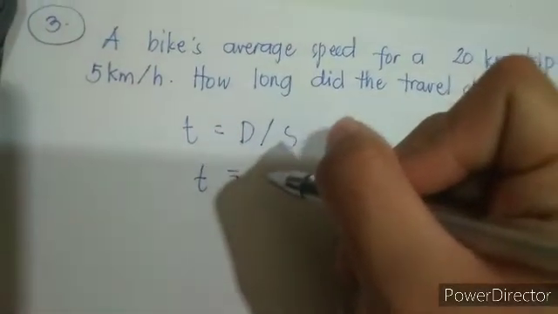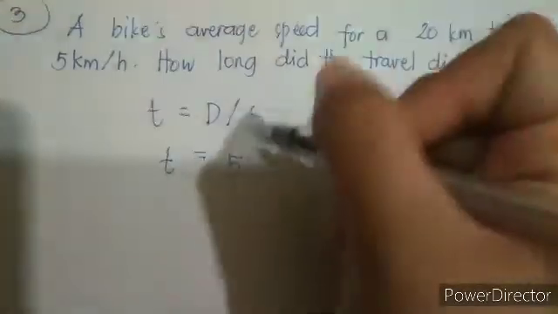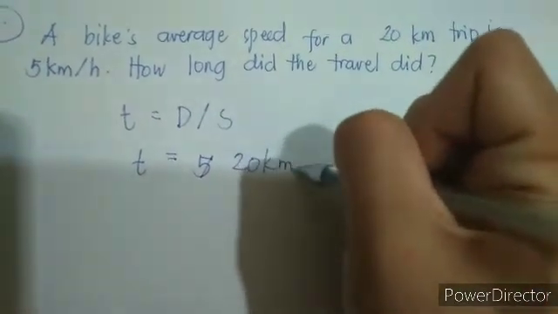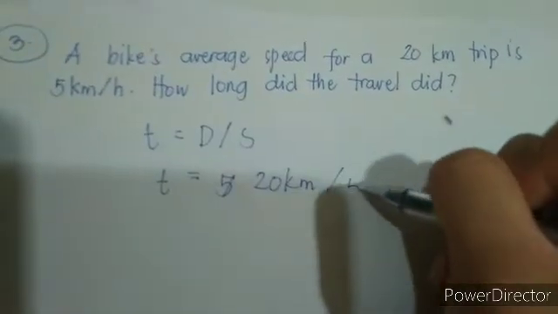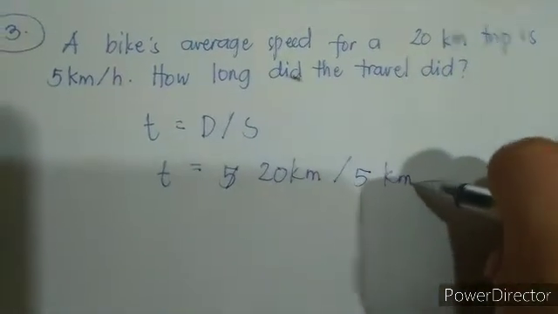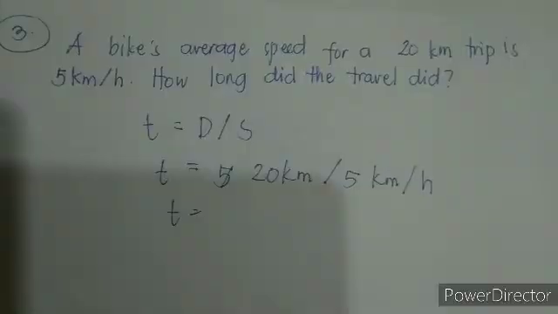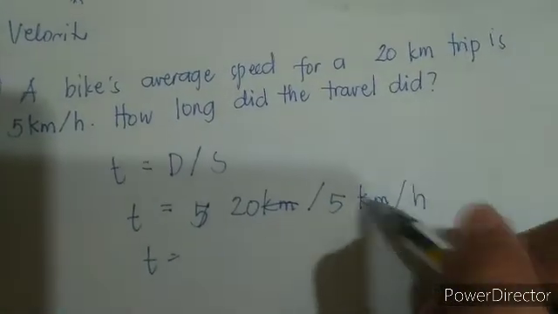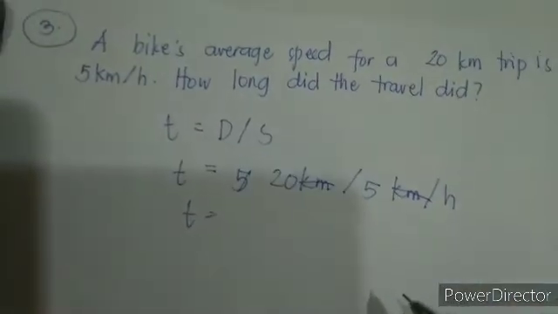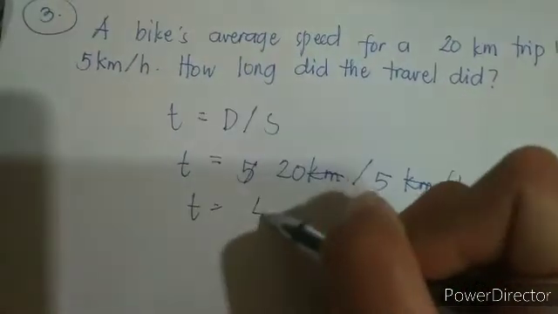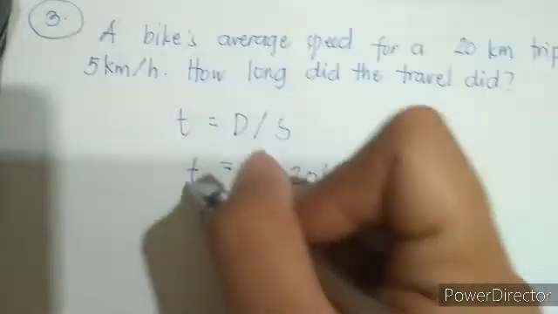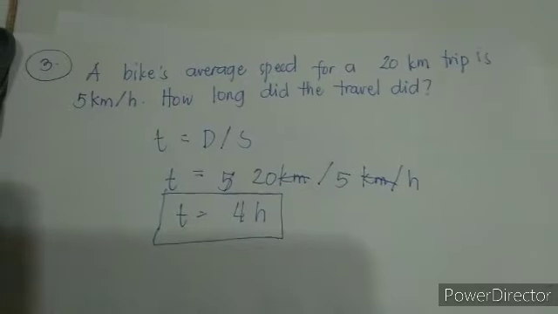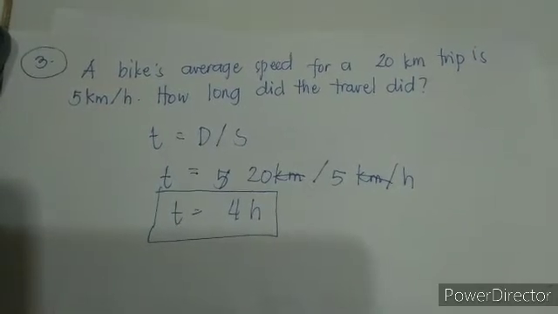We have 20 kilometers divided by 5 kilometers per hour. Let's then cancel and then cancel. So that is equal to 4 hours. So that is the last problem for the speed.